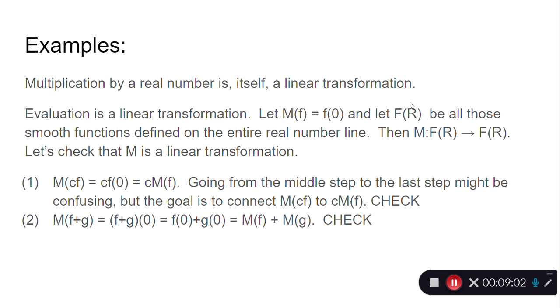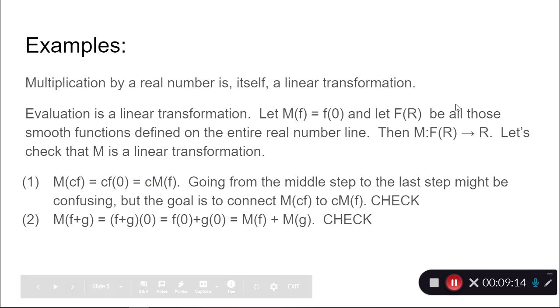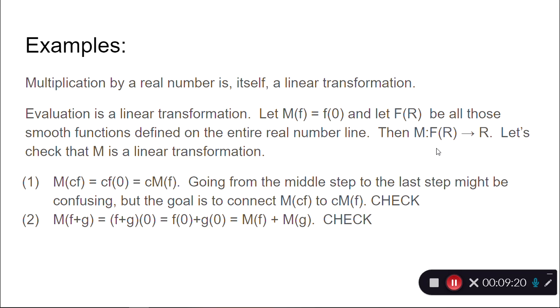Right? That way we don't run into problems with evaluating at 0. So then M maps F(R) to, oh, this is a typo actually. Let me pause and fix this. All right, fixed it. Sorry about that. So M is a transformation that takes functions on the real line and maps them to numbers.